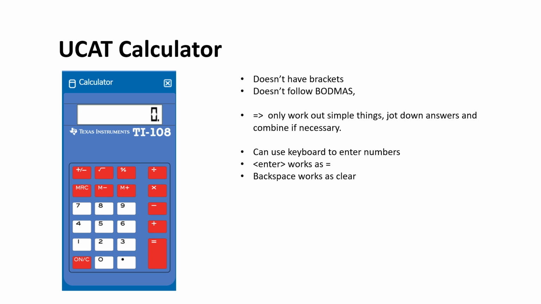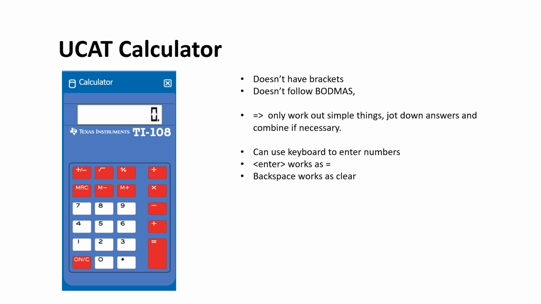And I said it doesn't follow BODMAS. You probably remember BODMAS, which is the priority in which you do operations. It does kind of do it, but it doesn't always do it depending on which operations you're using. So if you put 2 + 4 × 3, then you probably remember, or you know if you do maths, that you do the 4 × 3 first and then add the 2, so you get 12 + 2 is 14.